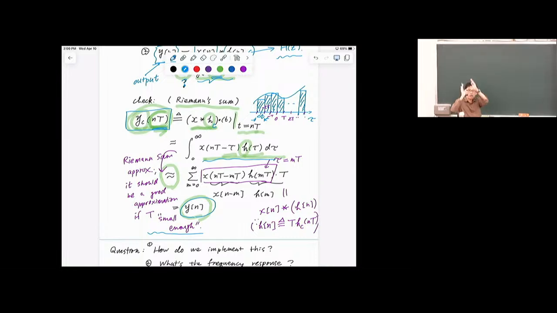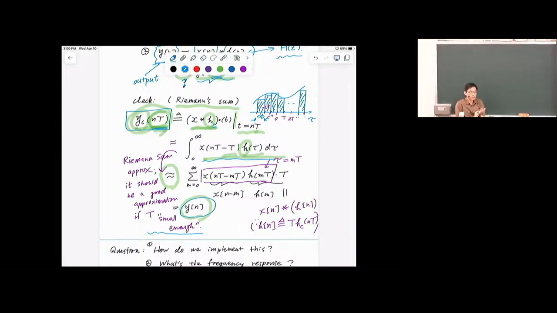If the impulse response of your analog system decays with an RC time constant of 10 microseconds, then your sampling period, the big T right here, has to be smaller than that, or way smaller than that. We're talking about at least 10 times smaller, maybe even smaller.